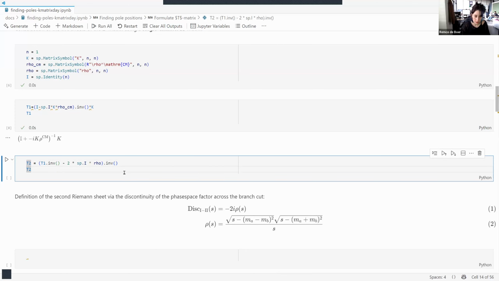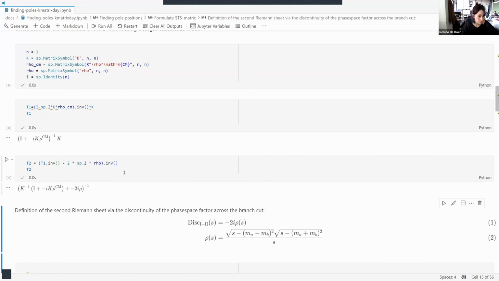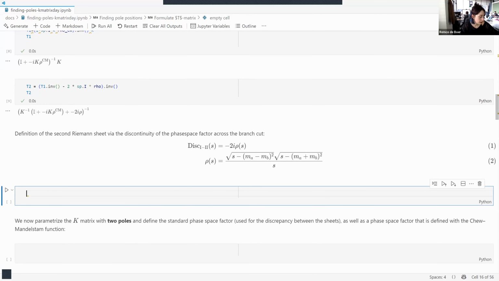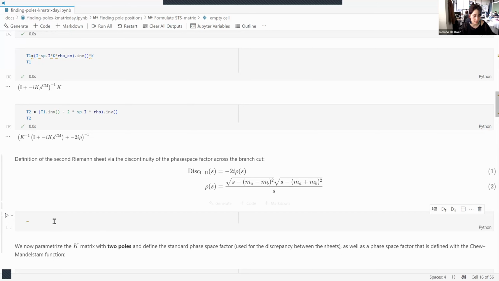Okay, now let's run the cell. Okay, looks good. And what I can do now with SymPy is that I can substitute my parameterization, for example K or rho, explicitly here into this matrix symbol expression.